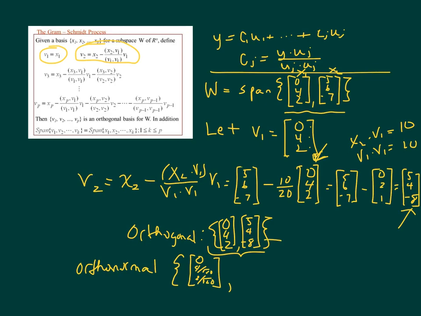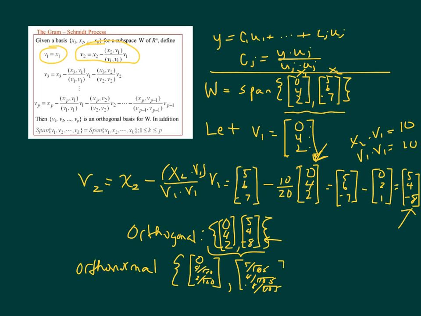And then to normalize this one, we see that its length is the square root of 25 plus 16 plus 64. So 25 and 16 is 41, and 41 and 64 is 105. So the normalized version of that vector would be 5 over root 105, 4 over root 105, and then -8 over root 105.